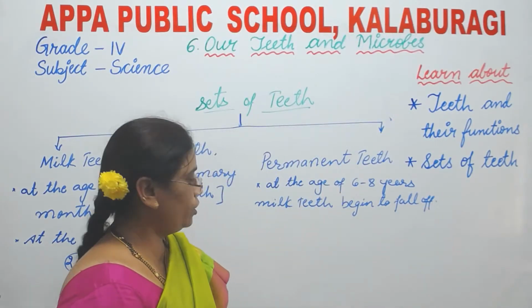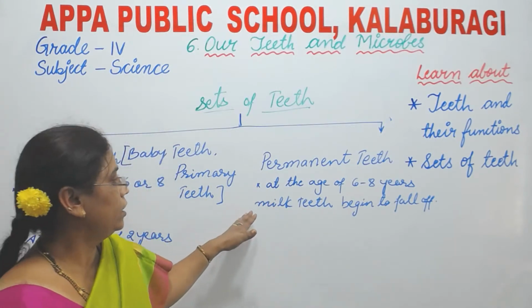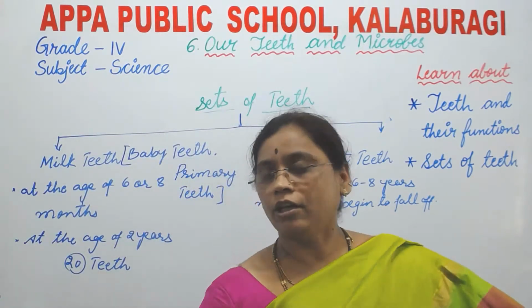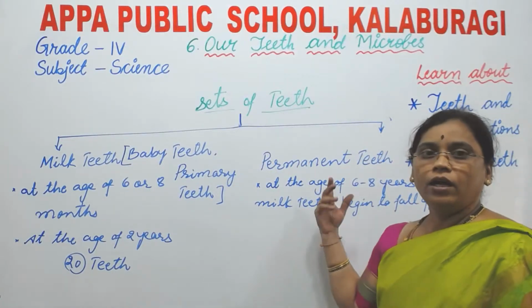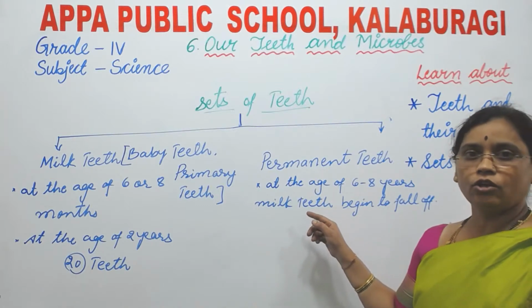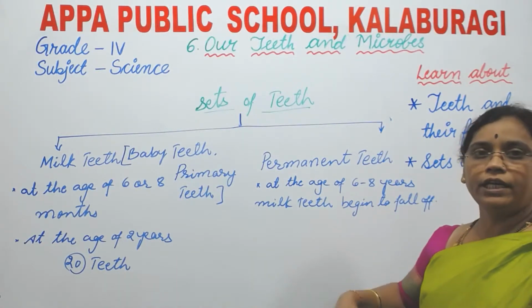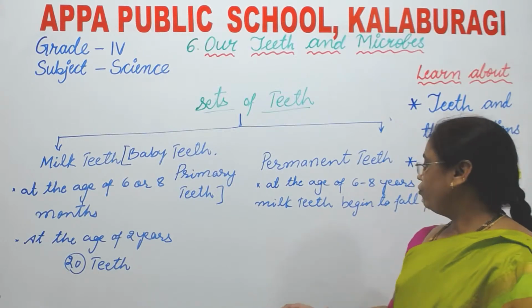So after this, what will happen? Again, a new set of teeth will appear in place of the milk teeth. Got it, children? At the age of 6 to 8 years, the milk teeth begin to fall.